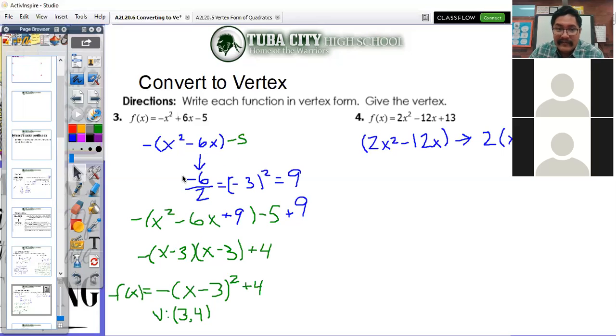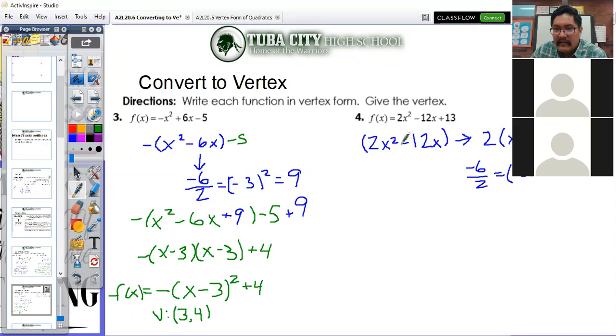So I could literally do it again, but that'd be kind of messy. So anyway, in this case, we take -6, half it, and square it. And we get 9 again.